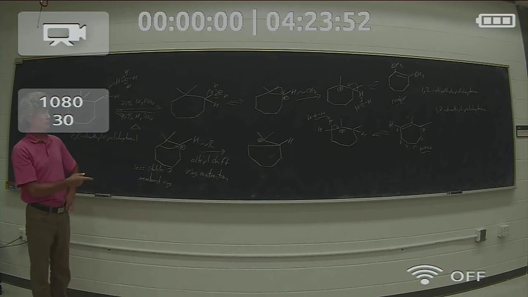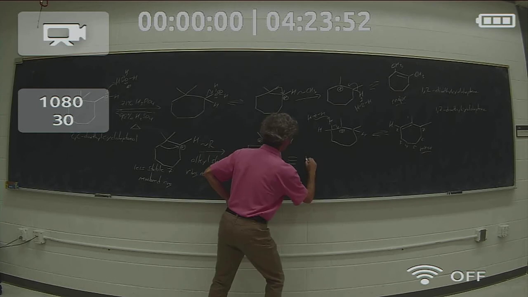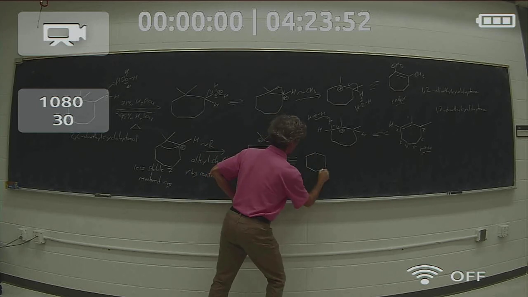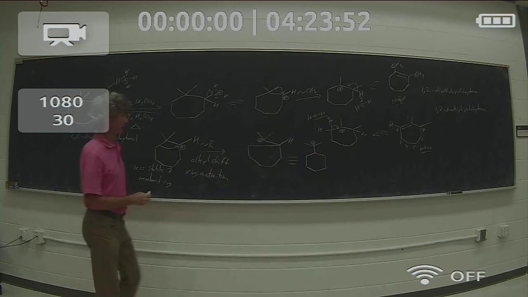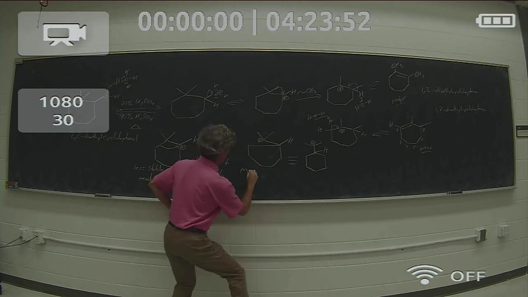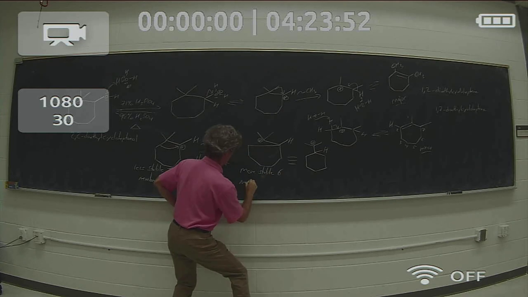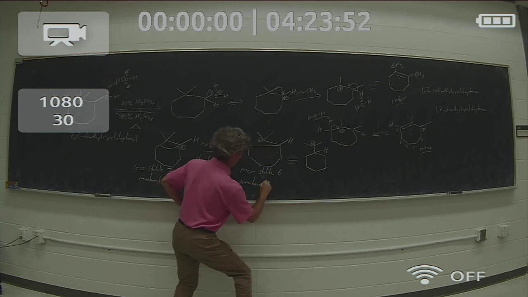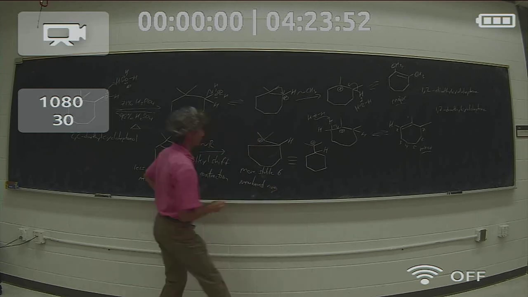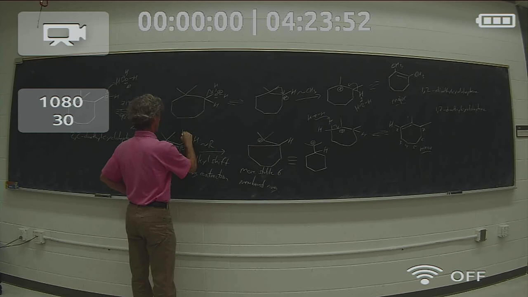And then we can redraw that so that it looks more like a 6-membered ring, but without risk. So we've got a more stable 6-membered ring, and we've got a more stable tertiary carbocation.